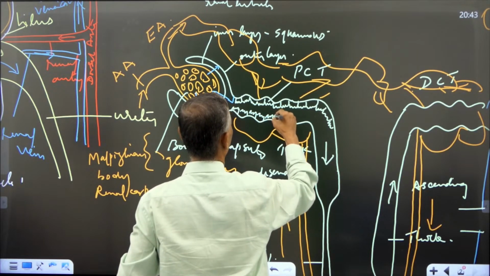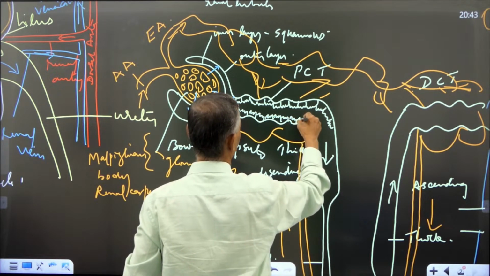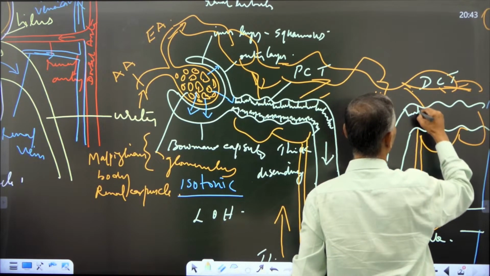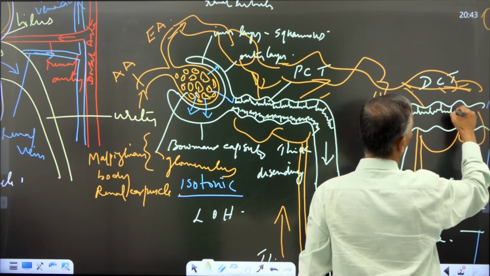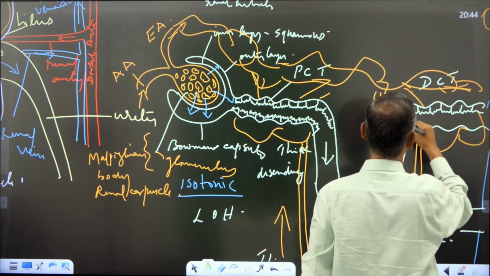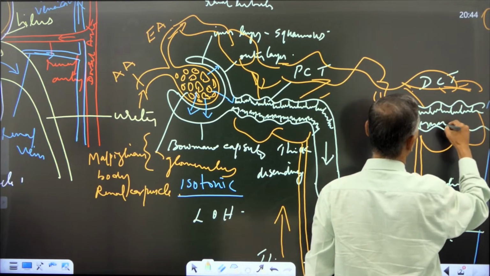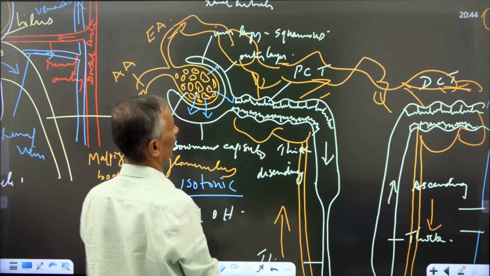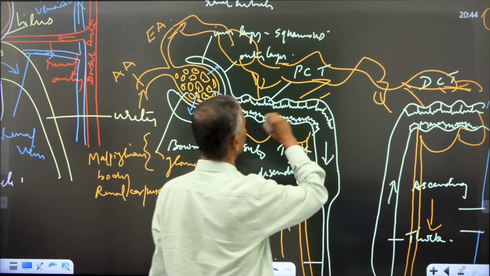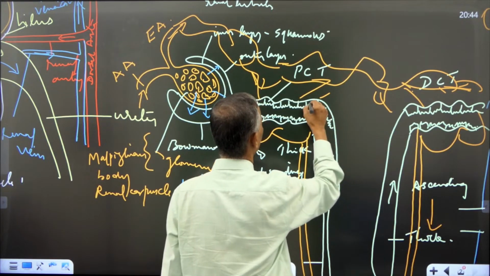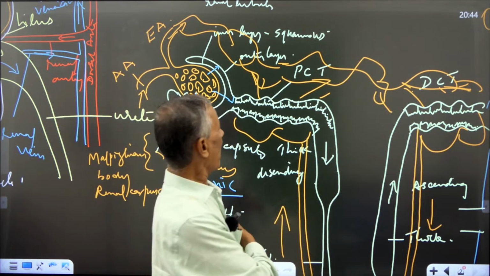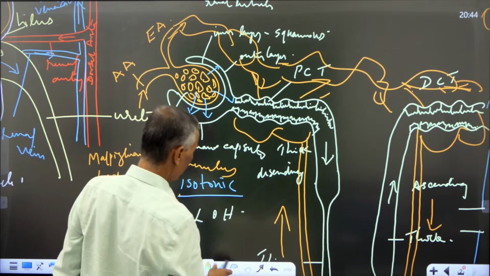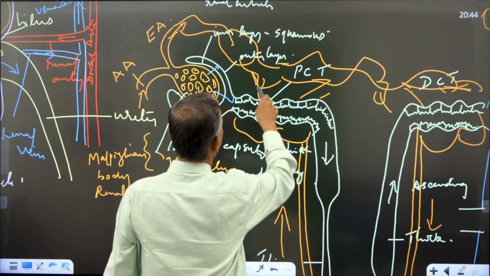The cells have a large number of villi-like structures, that is why they are called microvilli. Both in PCT and DCT, the cells are cuboidal epithelium. Squamous epithelium is present in the Bowman's capsule, especially the inner layer. In PCT and DCT, you have cuboidal cells, and as urine passes, materials needed by our body are absorbed.